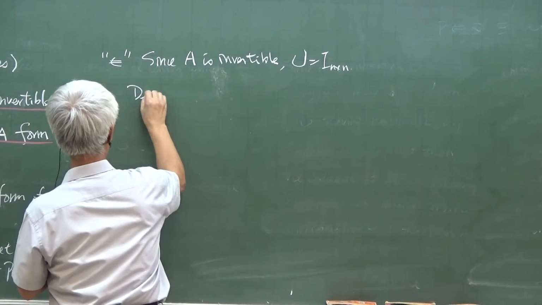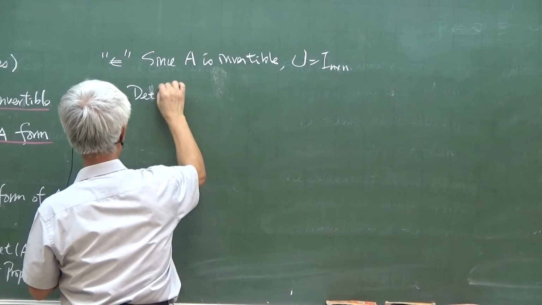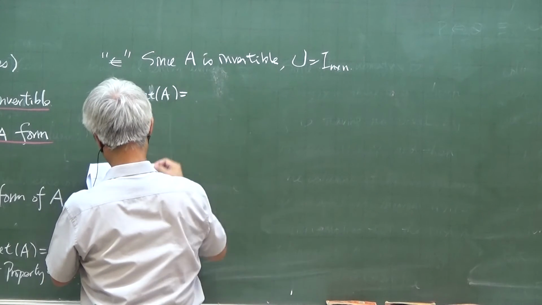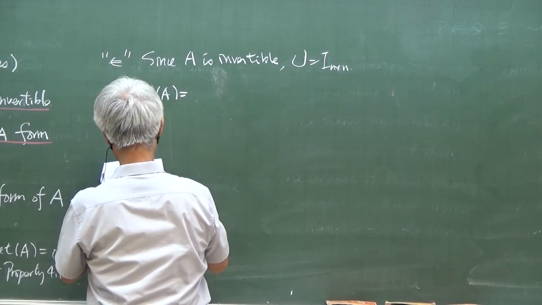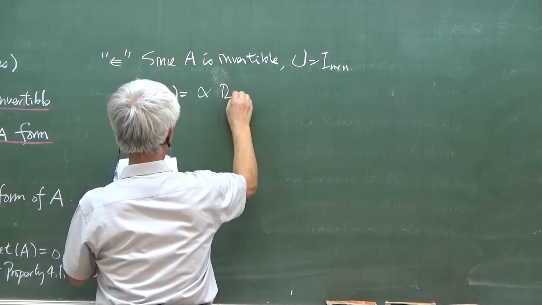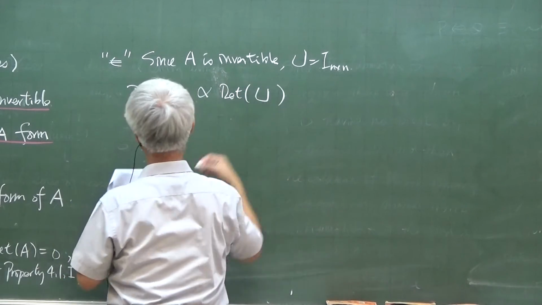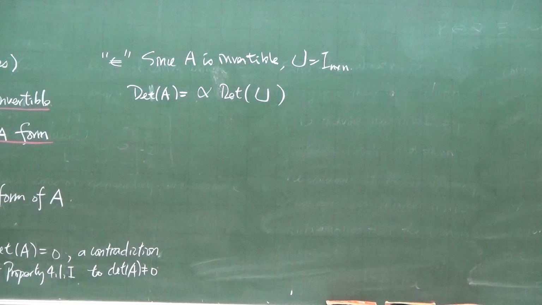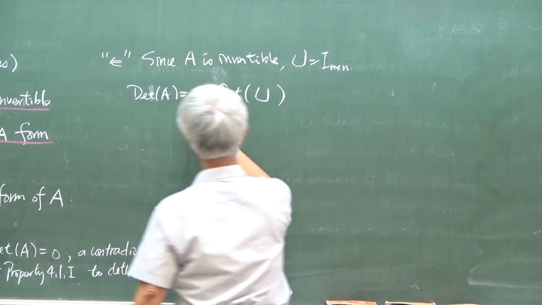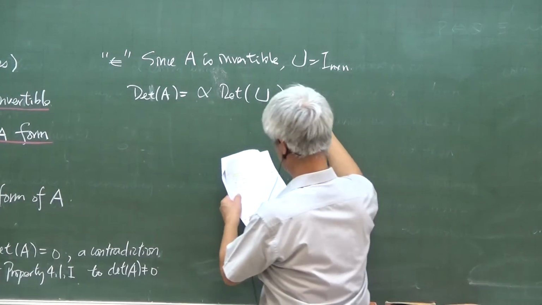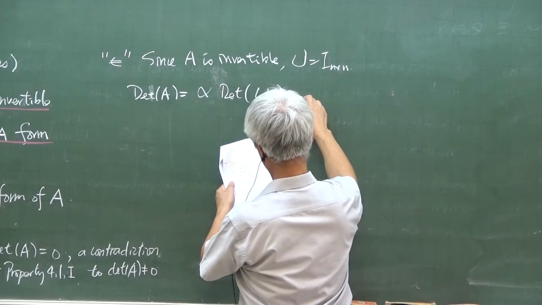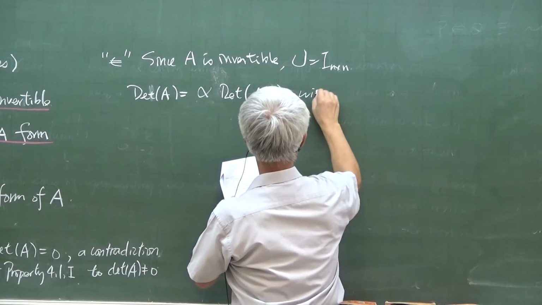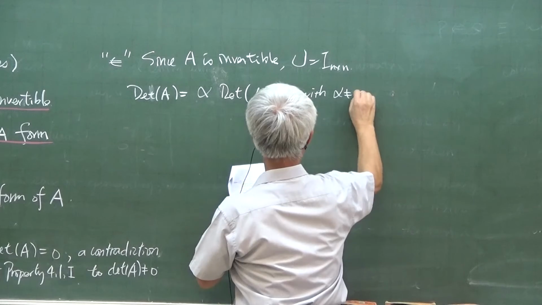The determinant of A is alpha times determinant of U, because the determinants of U and A are related by an alpha not equal to 0, right?